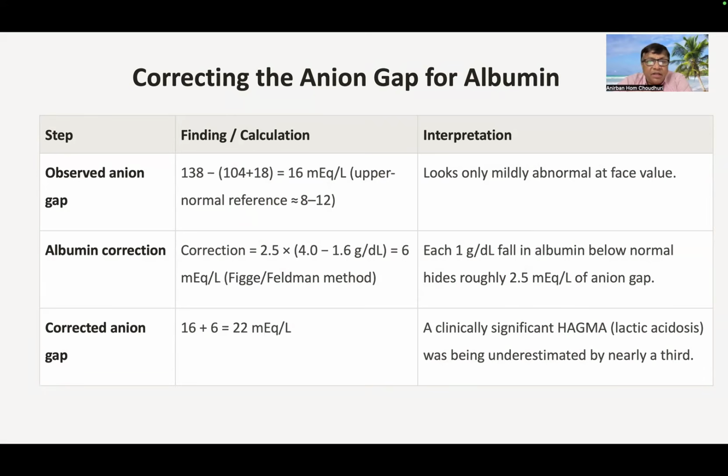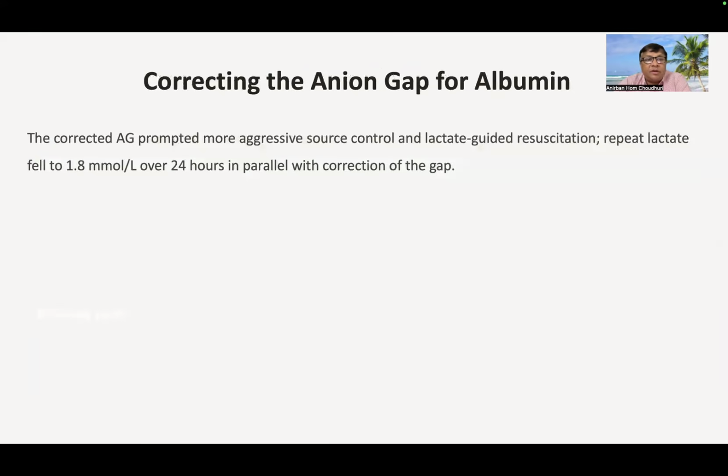So if you apply the correction, 2.5 into 4 minus 1.6, that comes out to be 6. So the corrected anion gap comes to be 22. A clinically significant high anion gap metabolic acidosis or lactic acidosis was being underestimated by nearly a third. So this is very important.